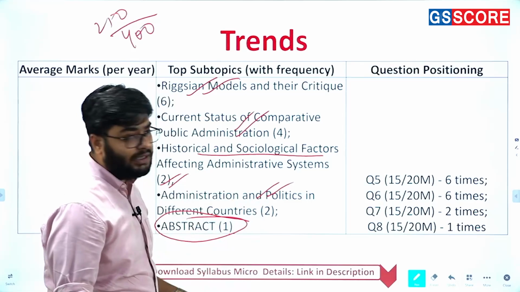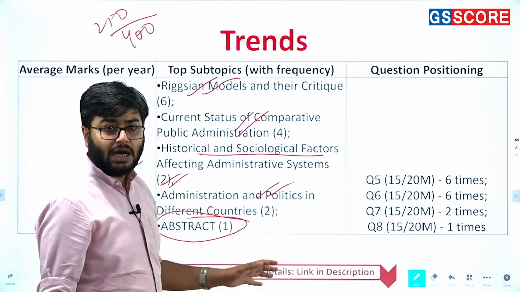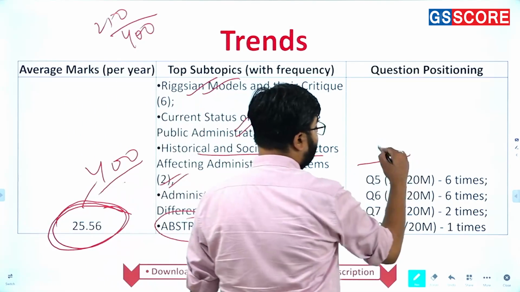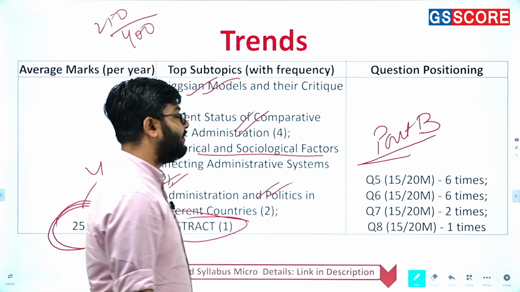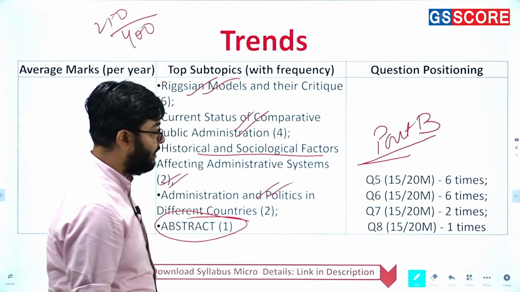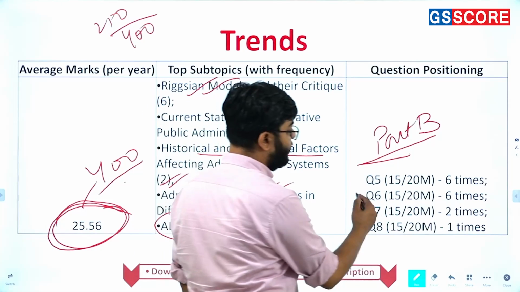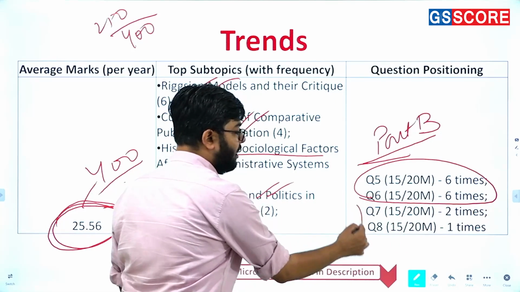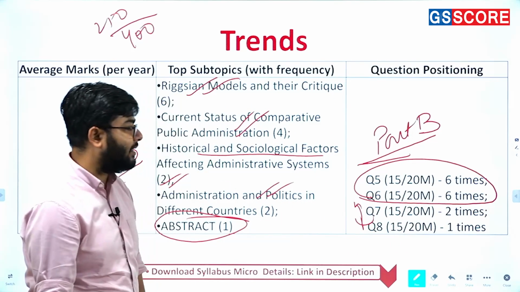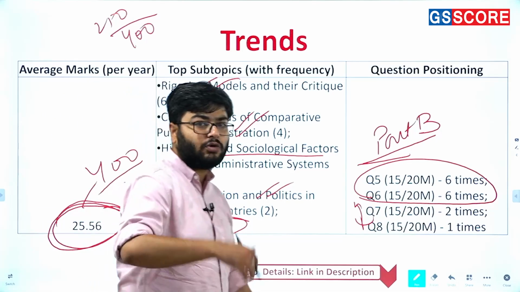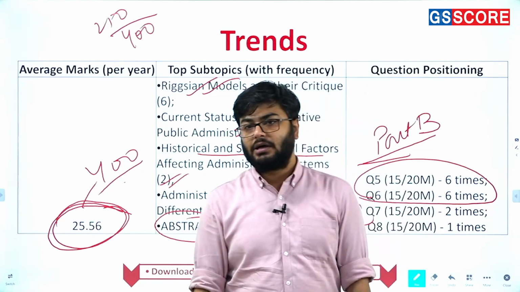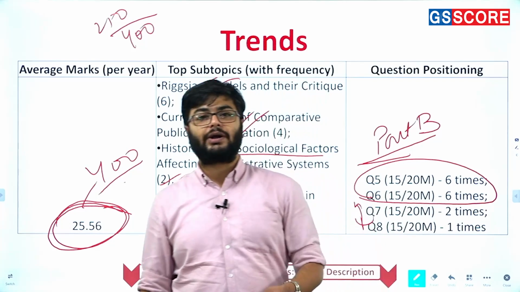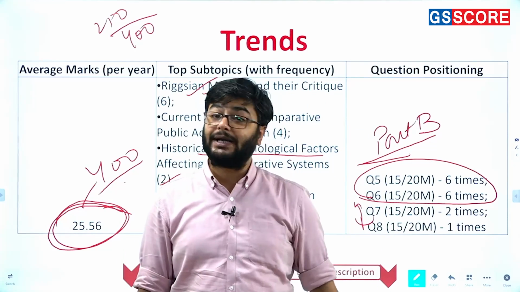Generally, you will find that the questions have been situated in part B of the question paper, right? Almost even distribution there, rarely in 7 or 8. So the chances are that out of those 25, you might find a 10 marker and a 15 marker, right? And of course that's an average, so you can find a 10 marker or a 20 marker as well.